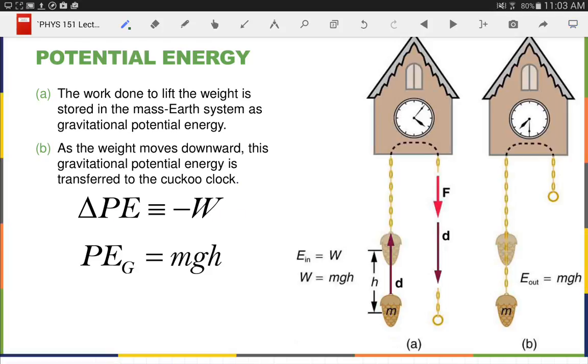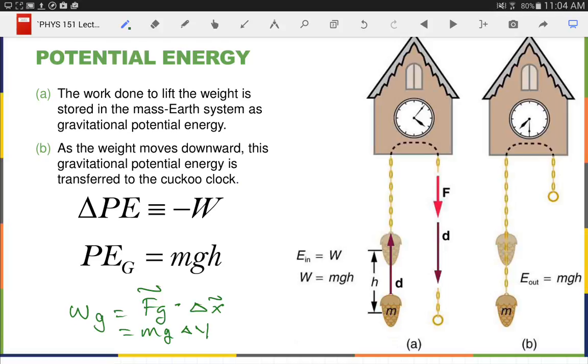When we take gravitational work, it is the force of gravity dotted with delta x. And like I said, only vertical displacements matter because the force of gravity is vertical. And so that turns out to be mass times gravity times the change in vertical height.